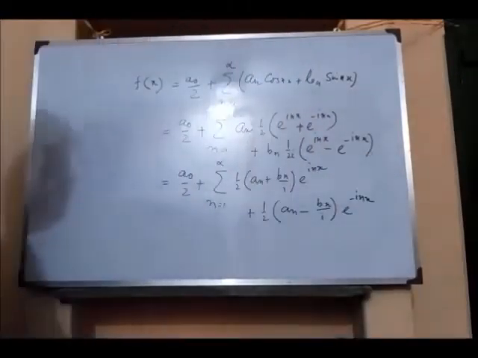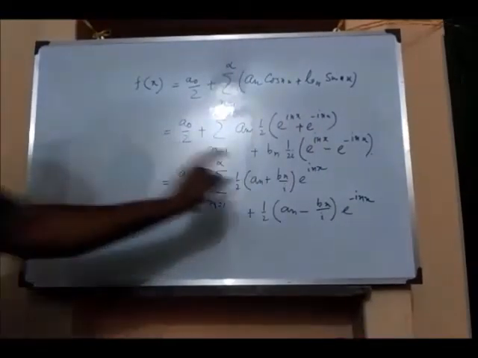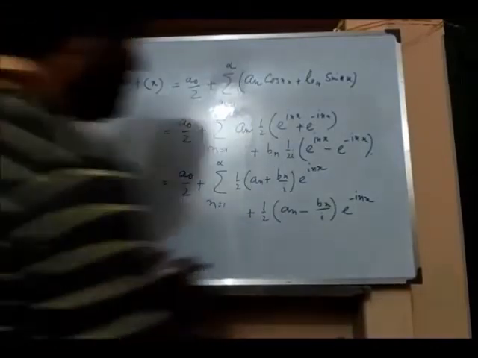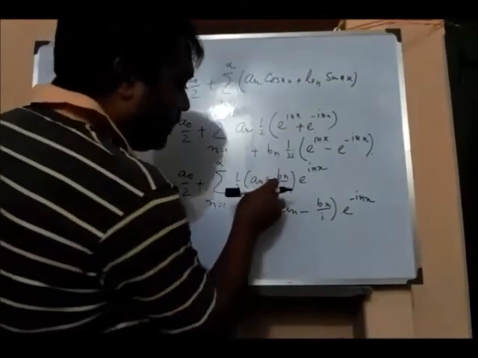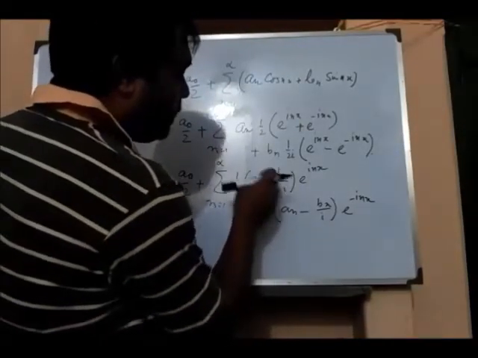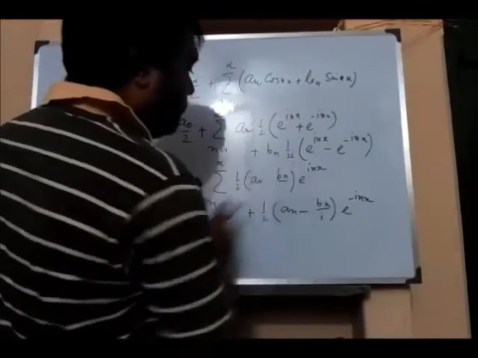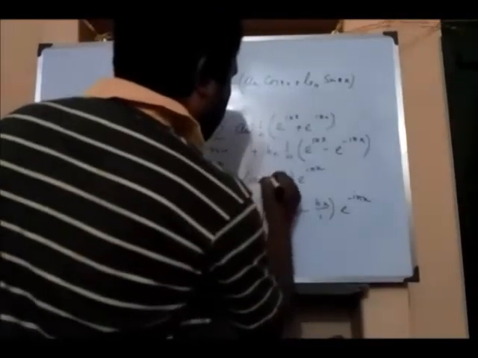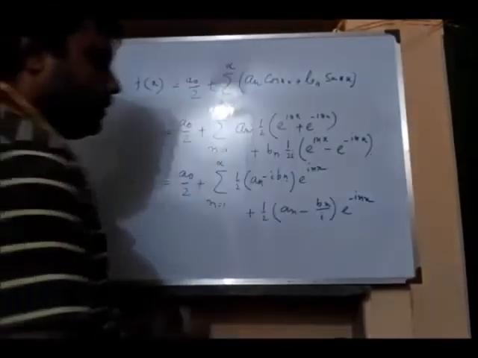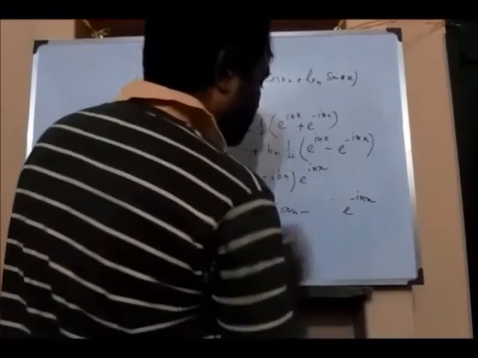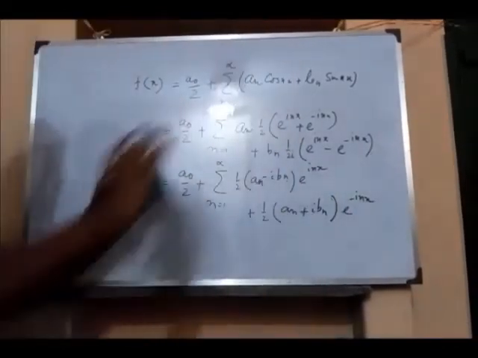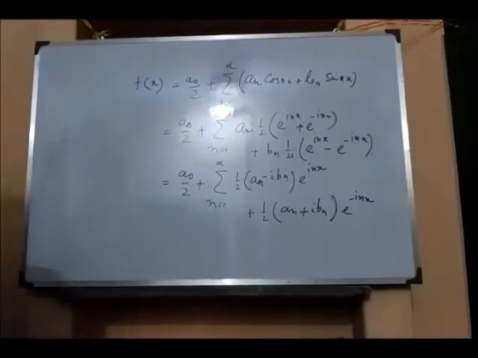Right? Now we just move this i to the numerator, so here the term becomes minus i bn and this will be plus i bn, and the rest remains as it is.